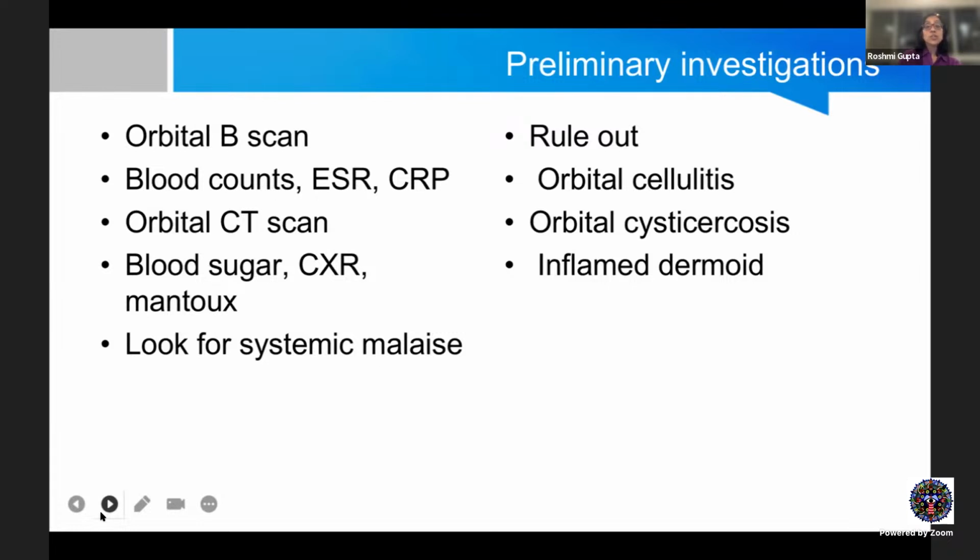At least a chest X-ray PA view is necessary, because we never know who among our patients is a potential TB patient. And we need to look for systemic malaise. Systemic malaise is very typical for orbital cellulitis. So in this first set of tests, we have actually ruled out orbital cellulitis, we've ruled out cysticercosis, we've ruled out inflamed dermoids.